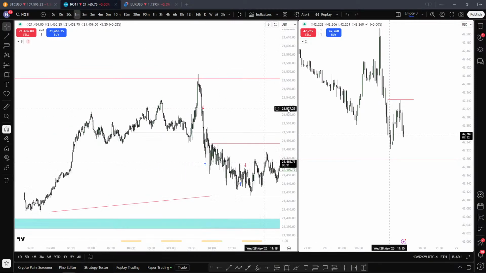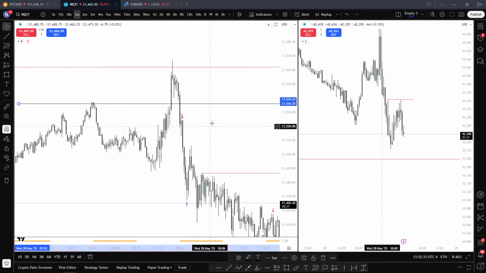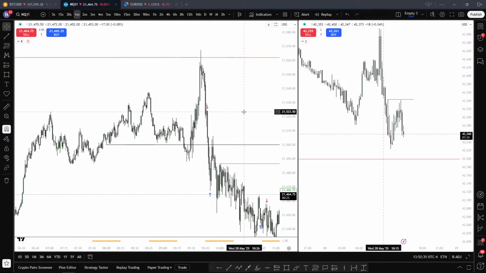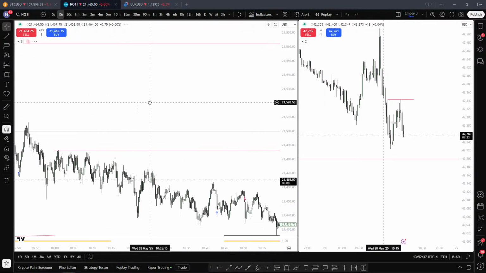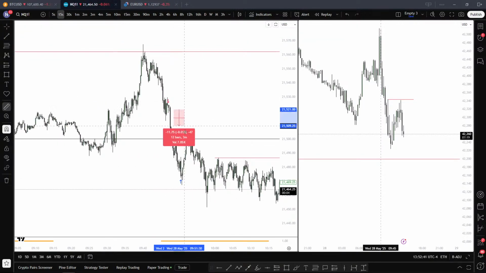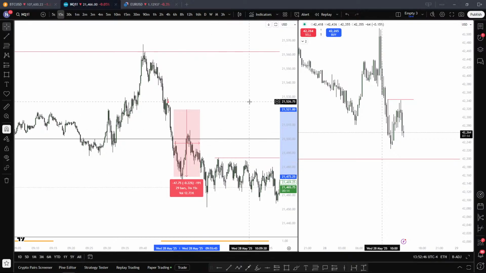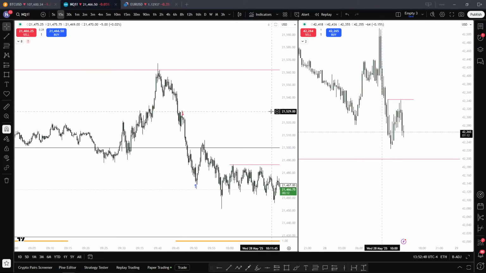First of all, we took this large move down. We executed on the 15-second chart here. We executed there. We exited here. So we caught about 45 to 50 points inside of this trade.